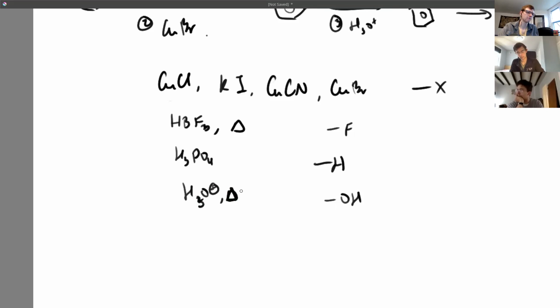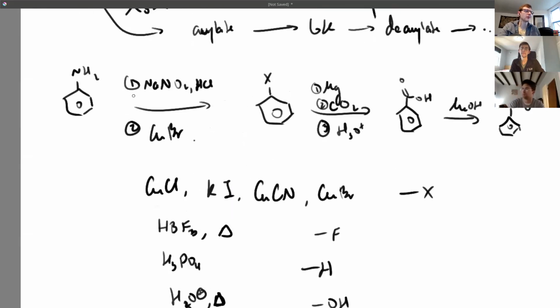The other one I have is the coupling, making that double nitrogen bond. I forgot the full name of that. Oh yeah, diazonium, right? That's what this first step makes.